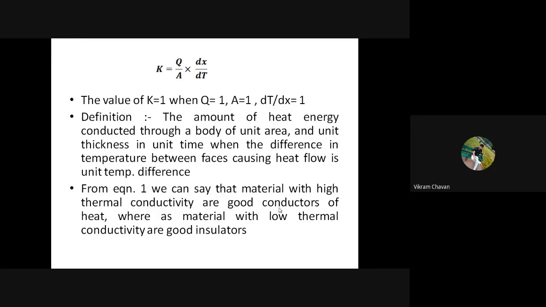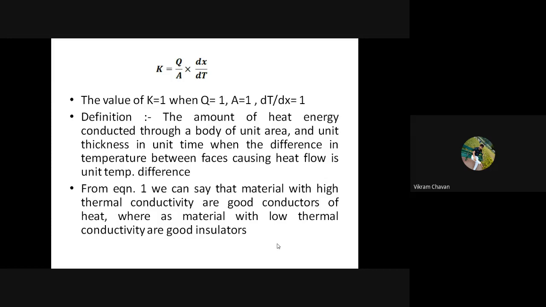Whereas materials with low thermal conductivity are good insulators. The opposite of a conductor is an insulator. Insulator means what? It opposes the transfer of heat.